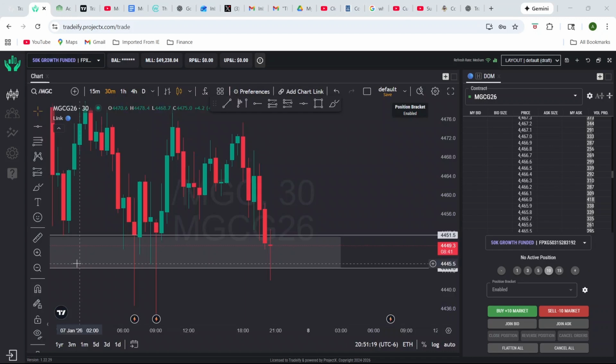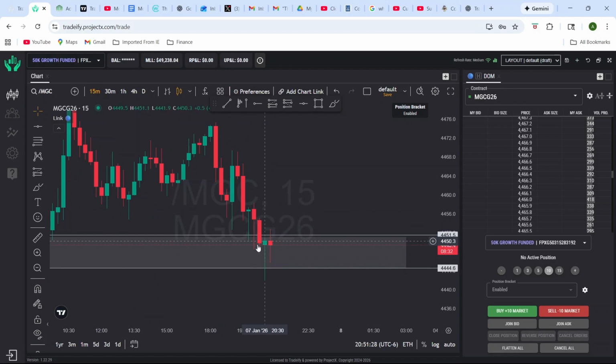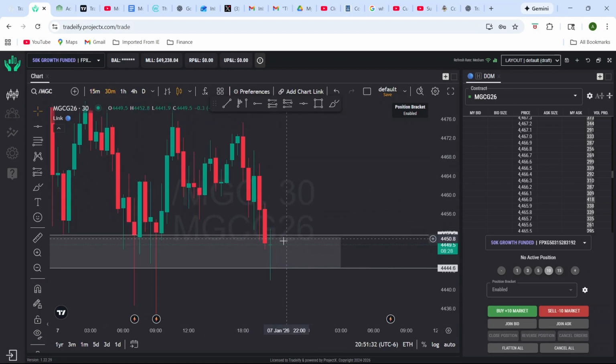All right, so we are still looking good. We just need a closure of this 30-minute, and we didn't break or budge on this 15-minute. So yeah, looking good, looking really good. We got 8 minutes left for this closure, and we could be looking to get into a trade.